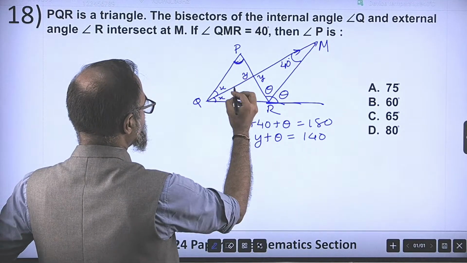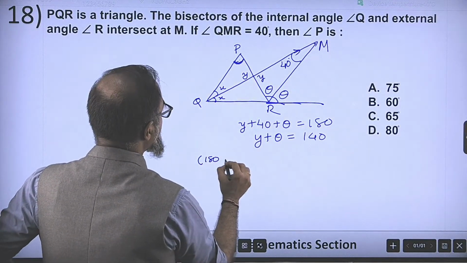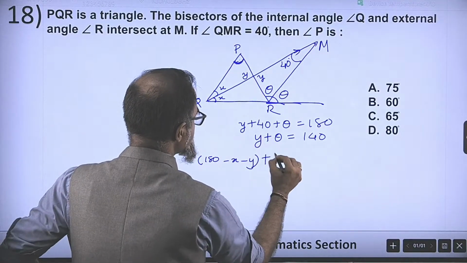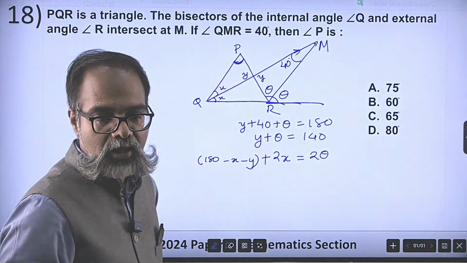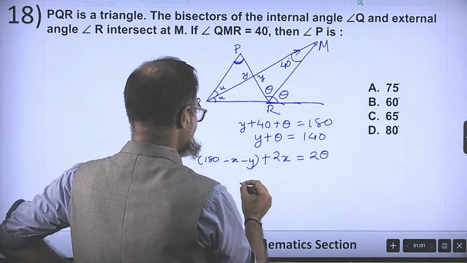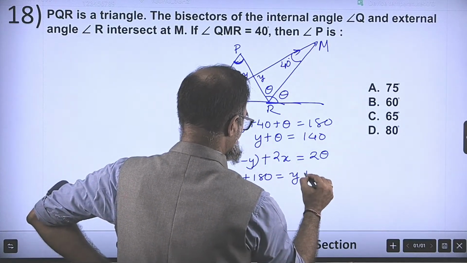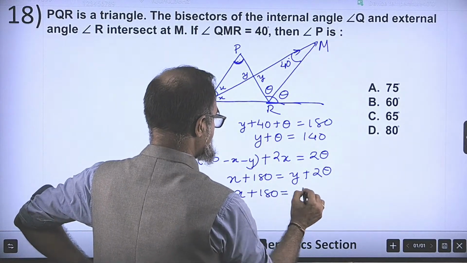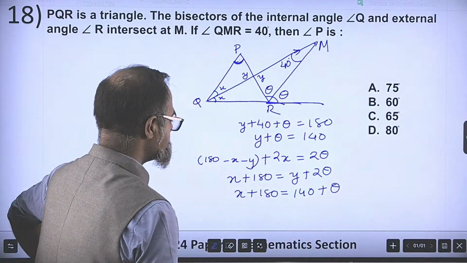I also know that this is 180 minus x minus y plus 2x should be equal to 2 theta. So from there I can say that x plus 180 is y plus 2 theta. So x plus 180 is 140 plus theta. Correct?